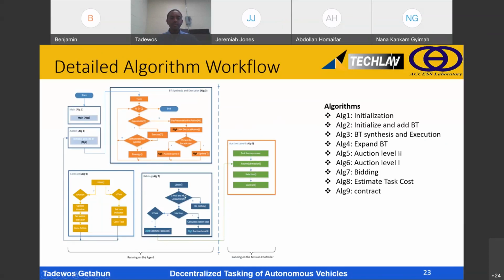Once the bidding is completed, the mission controller selects an agent, and there is a contract with the selected agent. When the contract is concluded, as you can see from algorithm 9, we go to algorithm 2. Algorithm 2 will initialize the behavior tree with a goal condition, and we perform behavior tree synthesis and execution in algorithm 3. This is how our algorithm works.